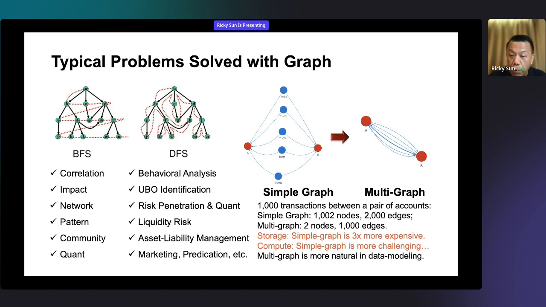In terms of storage, simple graph is roughly 3 times more expensive in our case. The computing could also be more challenging for simple graph.